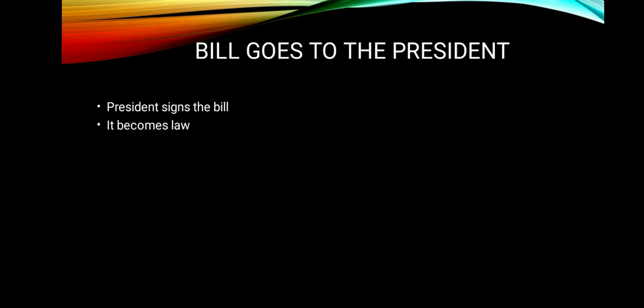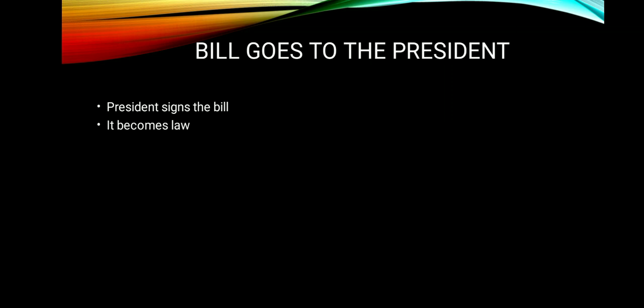Now the bill goes to the president. After passing in both houses, Lok Sabha and Rajya Sabha, the bill goes to the president. The president signs the bill and the bill becomes a law. But here is a question. Can the president object over the bill?